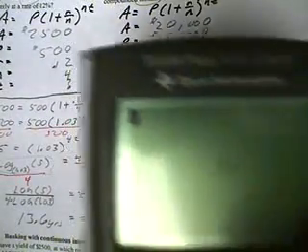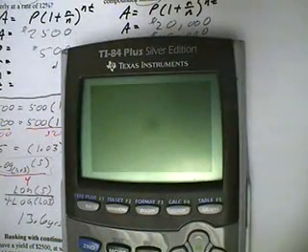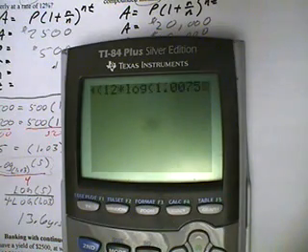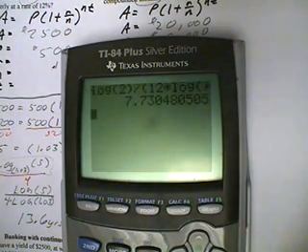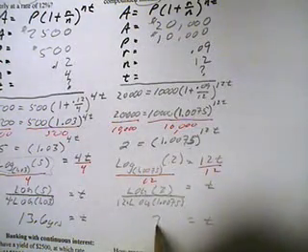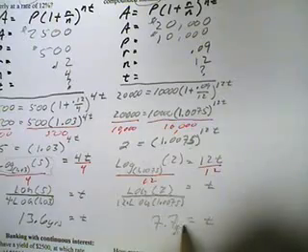So log base 10 of 2 divided by, open parenthesis, 12 times our log of 1.0075, close parenthesis. I get about 7.7 years.